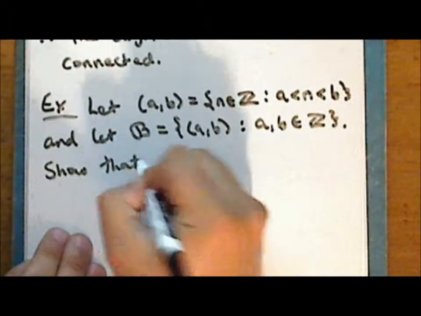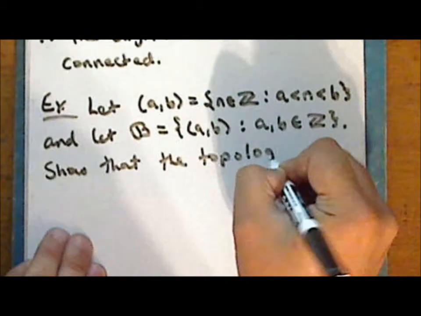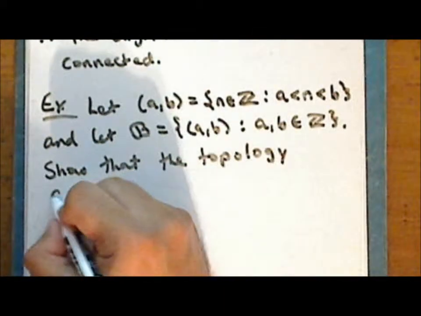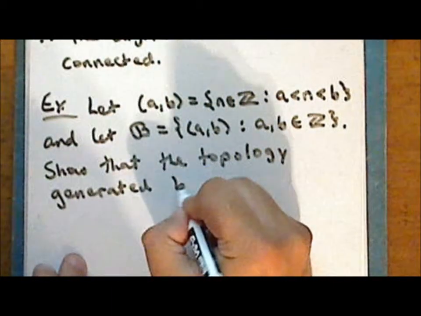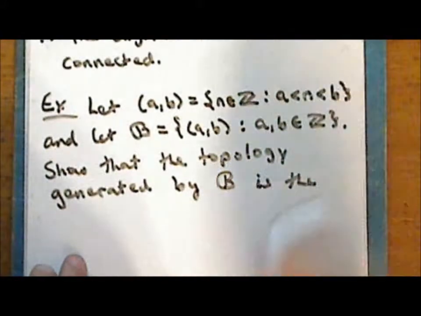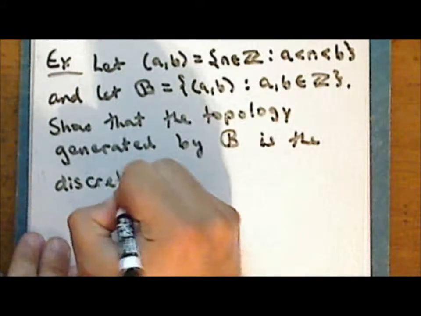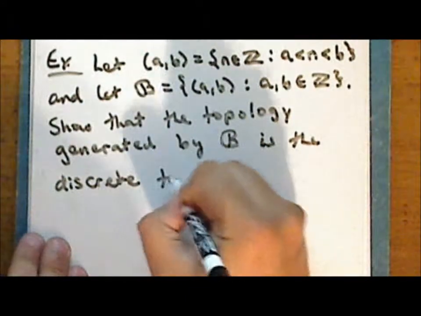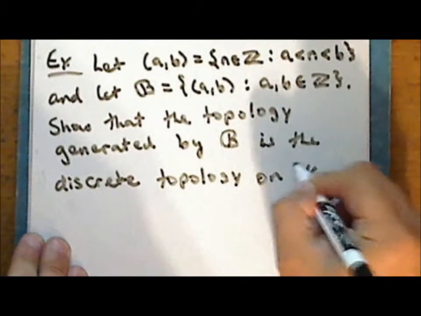Show that the topology generated by this collection script B is the discrete topology on the set of integers.